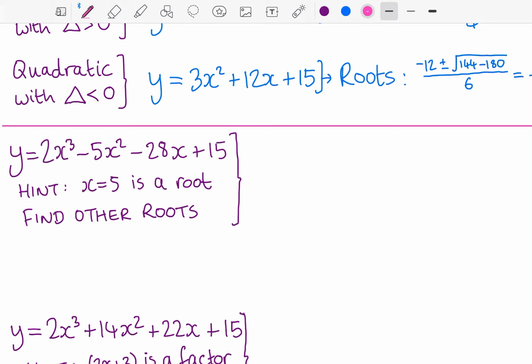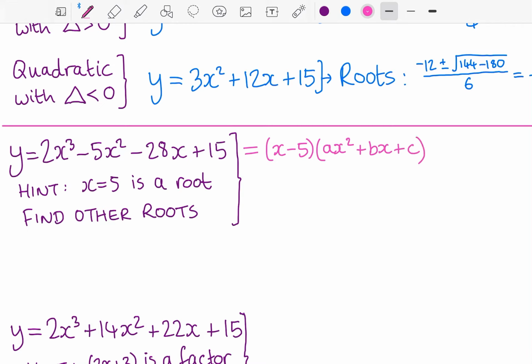If x equals 5 is a root, then x minus 5 is a linear factor. You'll know that from the factor theorem. So we can say that this is a linear times a quadratic. A linear times a quadratic will give us a cubic.